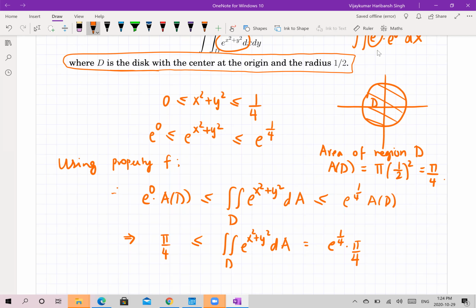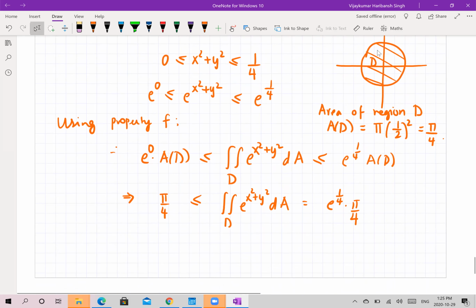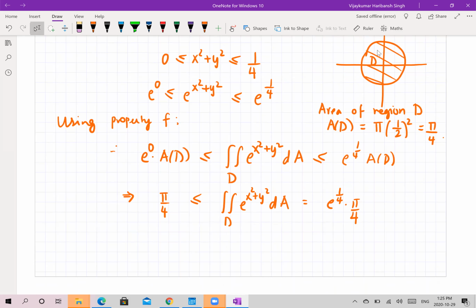So this is an estimate for your integral. Nevertheless, it's a meaningful estimate to have.